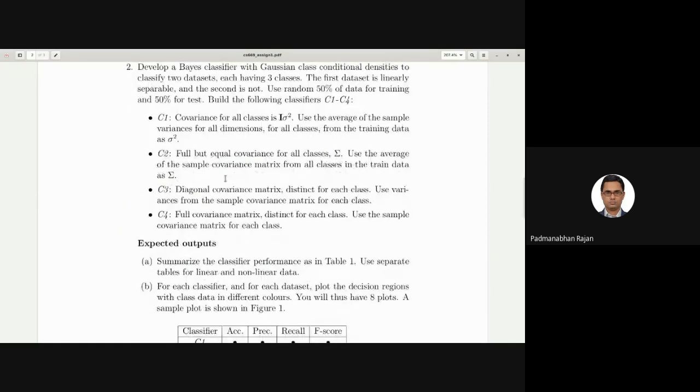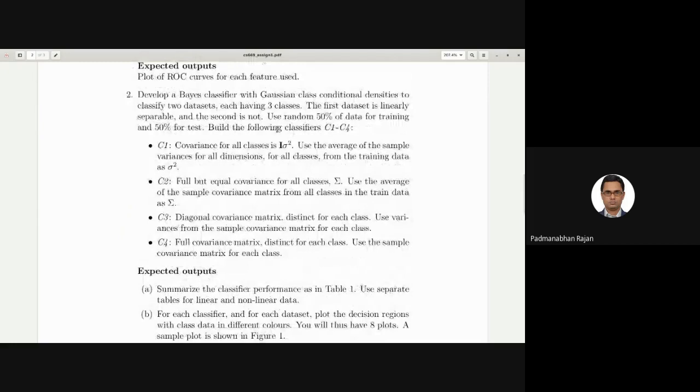Second question is pretty straightforward. It is a direct application of the various cases which we covered in linear discriminant analysis. We are developing a Bayes classifier, and we are assuming a unimodal Gaussian, but we are using two-dimensional features. There are three classes, and you have to classify them.